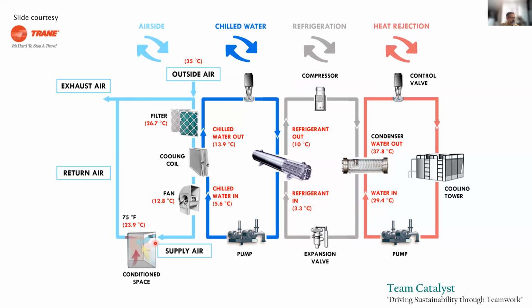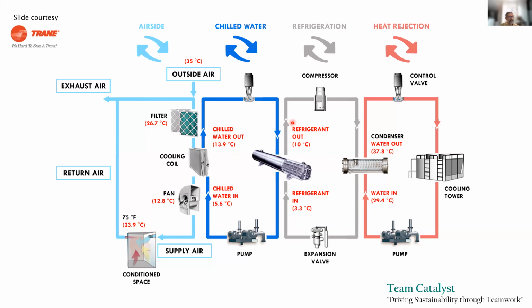So here's your zone. And in your zone, you can have a VAV system, an underfloor system, an active chilled beam system, a fan coil system, whatever it is. But then there is a loop that feeds air. You exhaust some, you introduce some ventilation air. This is the supply air that's going into the room. You cool the coil through which you pass the air. This cooling of the coil takes place in a large system with a water-cooled chiller.